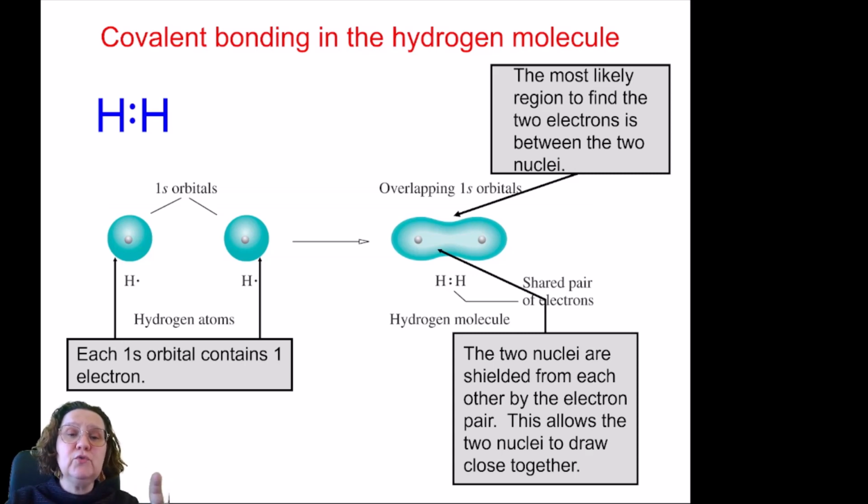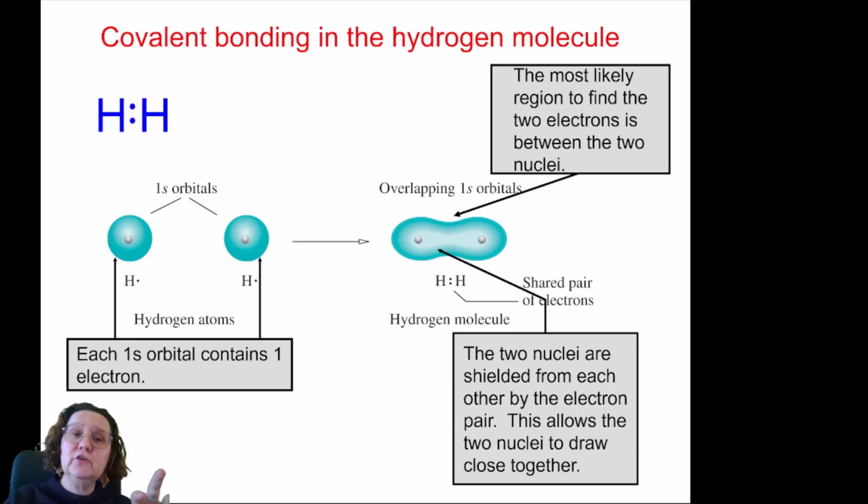So when you have the two atoms of hydrogen and they are close enough together, then those two orbitals will overlap, and you will have a different orbital formed by the overlapping of these two hydrogen orbitals. That will mean that the electrons are shared.